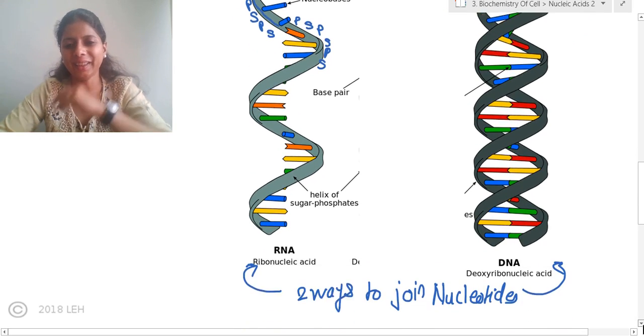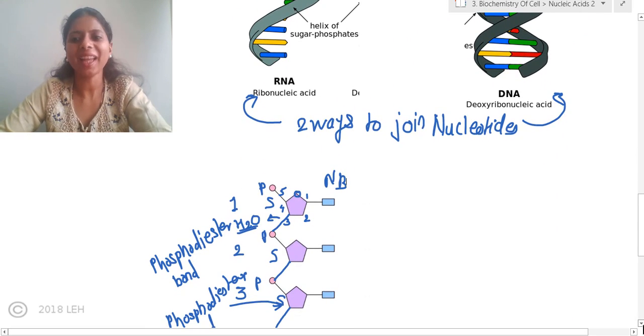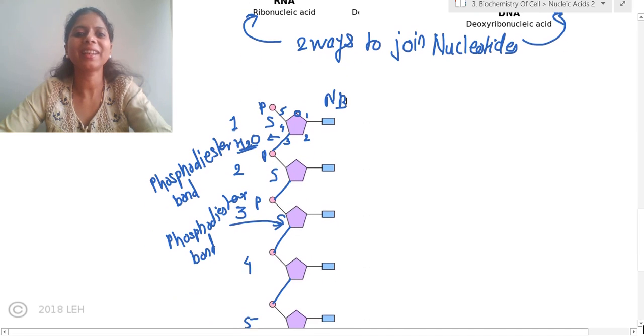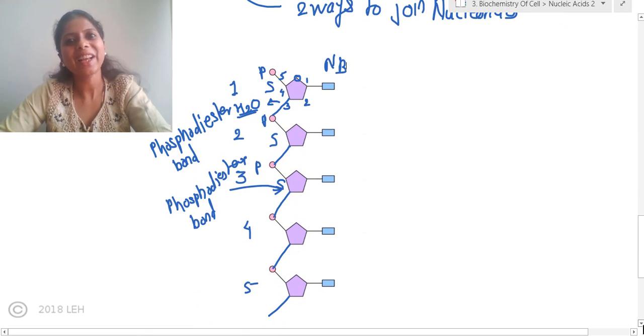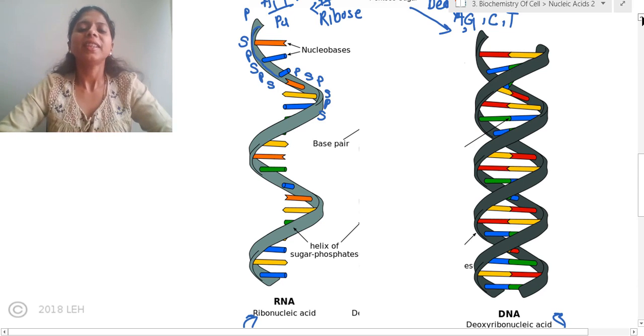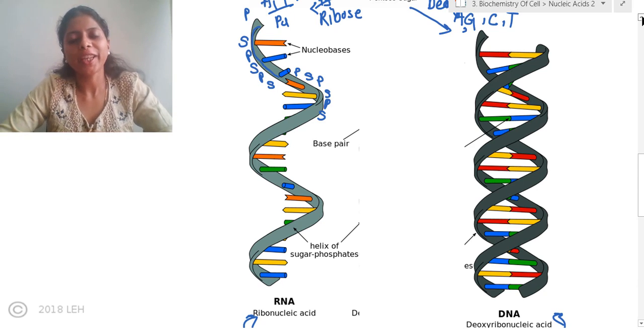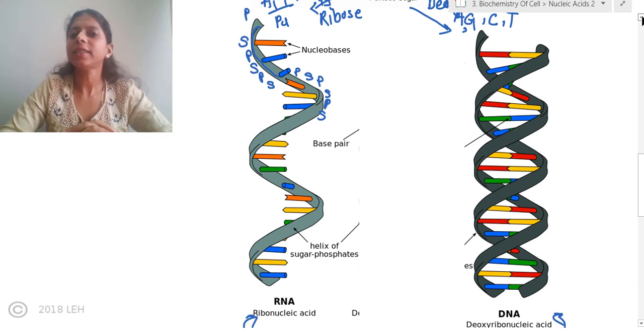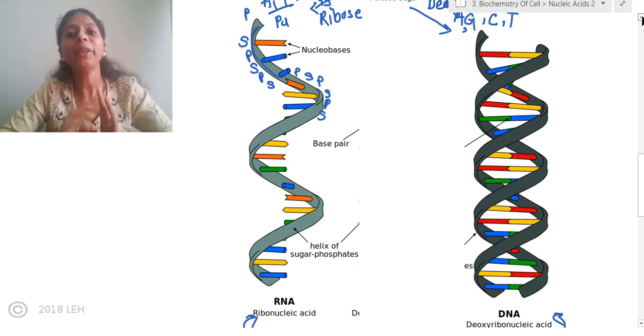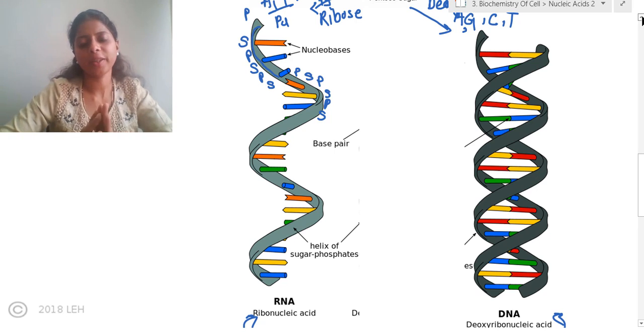So we'll go to the second linkage, second bonding. Very good. For this second bonding I need to take some more nucleotides. So I'll just take it and we'll come back. Now, when we consider the second way of joining the nucleotide, it is something different. The second way of joining is mainly utilized for the formation of DNA. Try to understand.